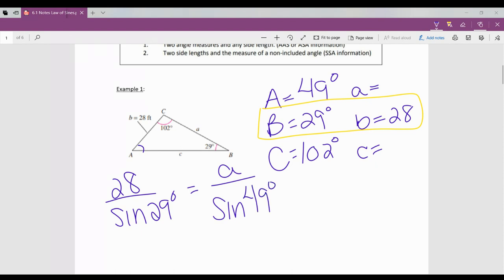Then I'm going to cross multiply. Keep this notation in your calculator. So we do 28 times sine of 49, which gives 21.13 equals A times sine of 29. Then we solve by dividing both sides by sine of 29.